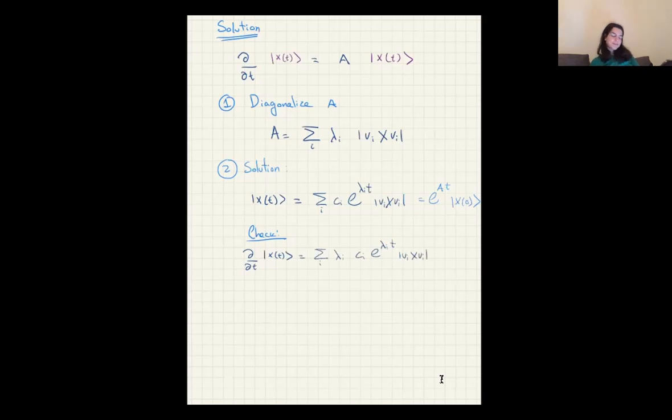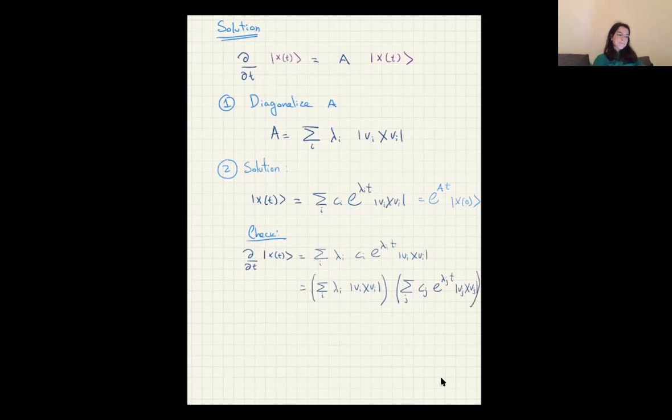But now we can write this in a slightly longer form, which is the sum over i of λ_i v_i times the sum with a different index j of c_j e^{λ_j t} v_j.